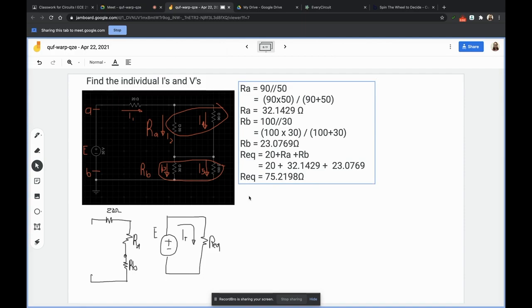For example, here, we can look for our I total from Ohm's law. Our I total is equal to E over R equivalent from our Ohm's law.